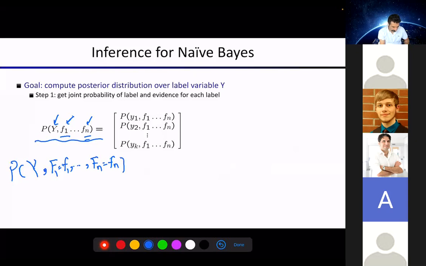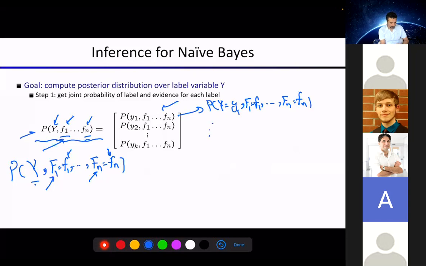These are variables, and these are specific values that are assigned. That's why this is a kind of vector, for different values of y. So in this case, this is the probability of y = y1, f1 = f1, and so on, okay? And the same for the rest.